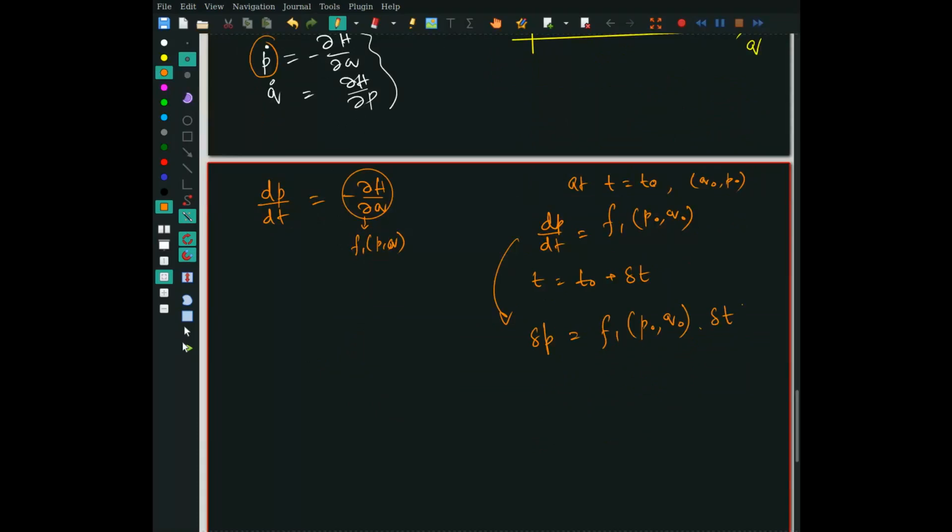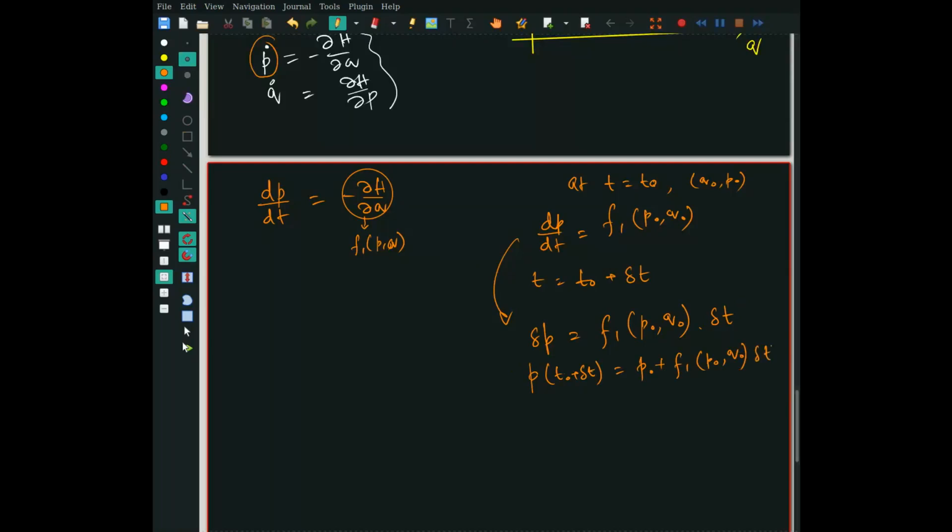So it tells me how the change in my momentum will be. So p at t0 plus delta t would be given by p0 plus this delta p, which is again given by f1(p0, q0) times delta t.